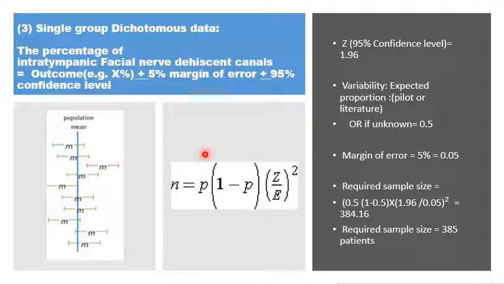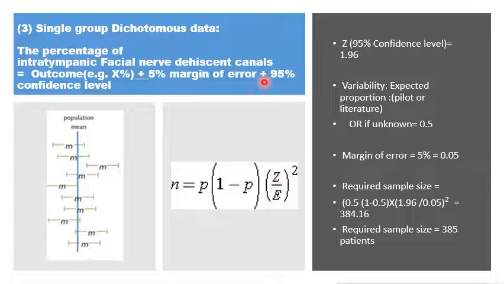Now, the equation to obtain this is this. The number required, the size of our sample, would be related to three things. We start with the Z. This is the Z score of the level of significance that we have chosen.